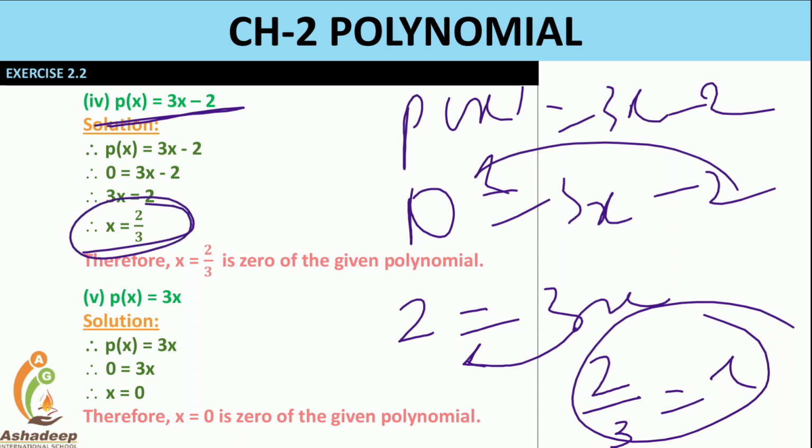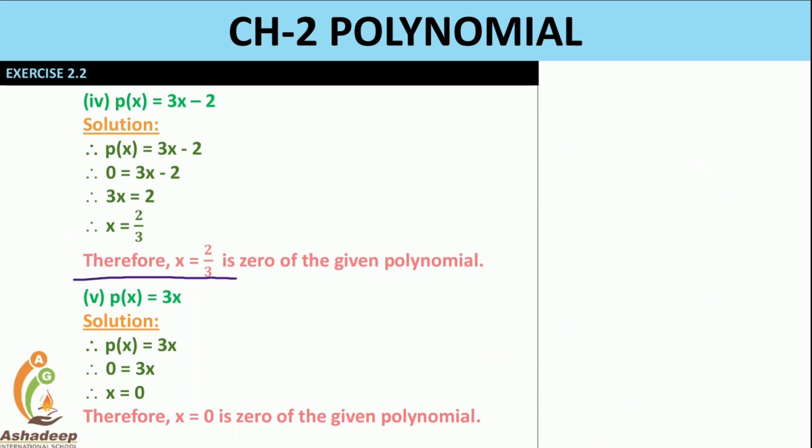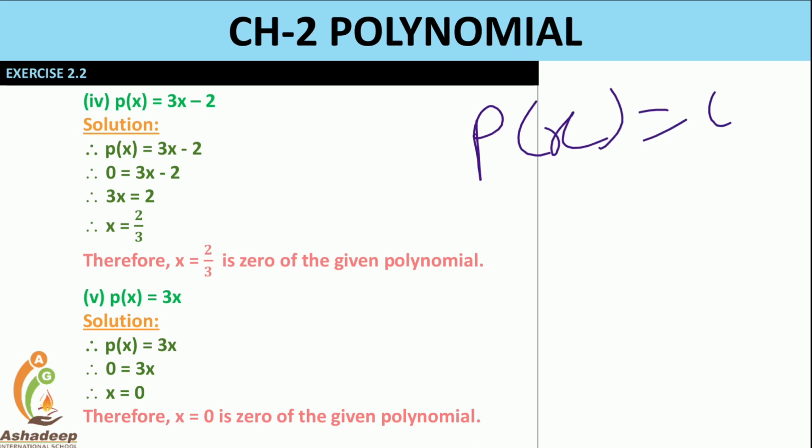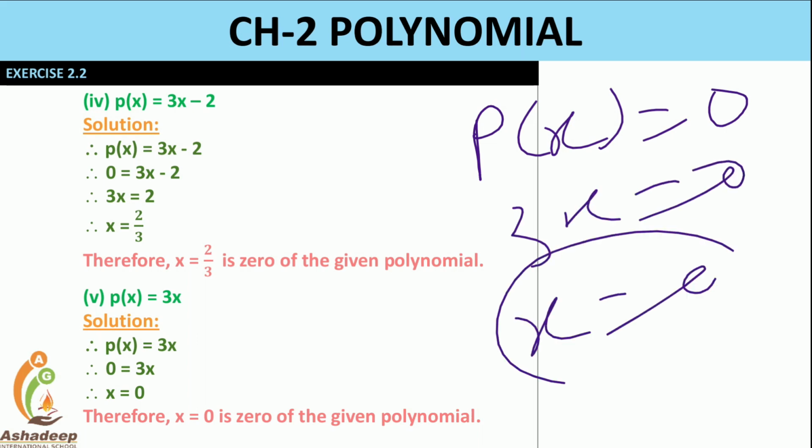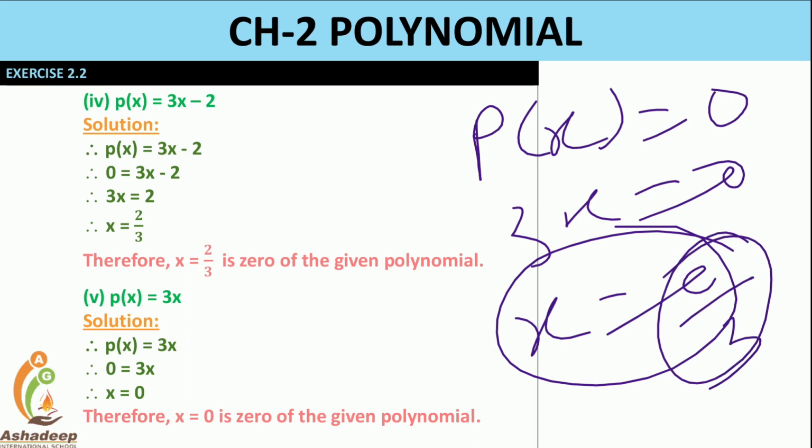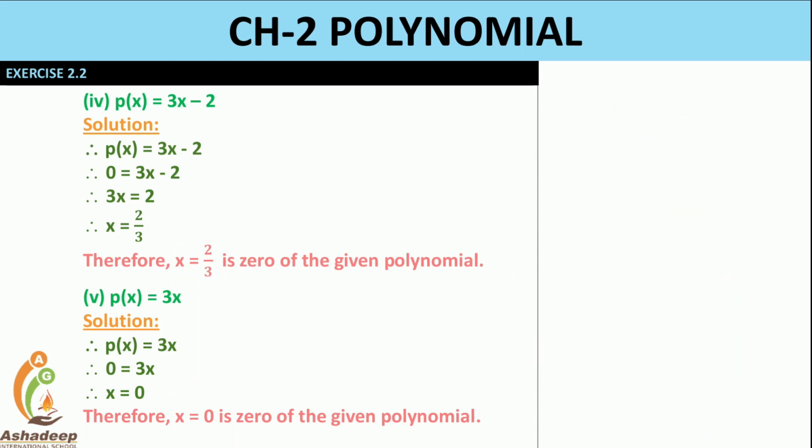So therefore this is the 0 of the given polynomial. Now p of x is equal to 3x, so 0 is equal to 3x, x is equal to 0, because 0 upon 3 is nothing but 0 only. So x is equal to 0 is the 0 of the given polynomial.